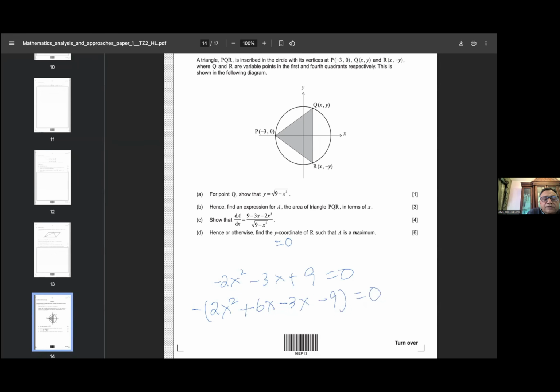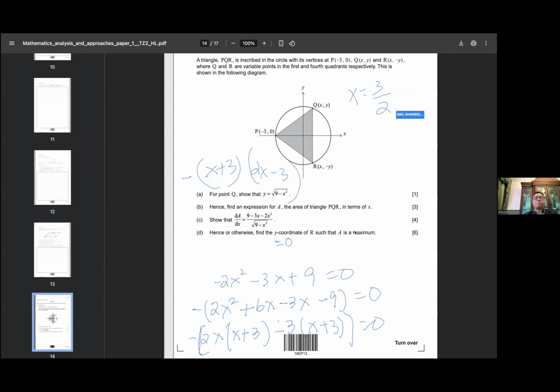Factor: 2x common from the first two terms, minus 3 common from the others, so x plus 3 is a common factor. We get x plus 3 times 2x minus 3. We are looking for a positive value, so x equals 3 by 2. The other value, x equals minus 3, is on the left side, so we take x equals 3 by 2.